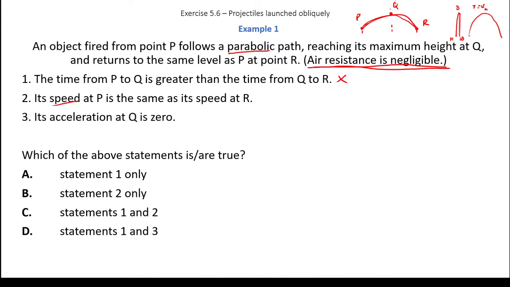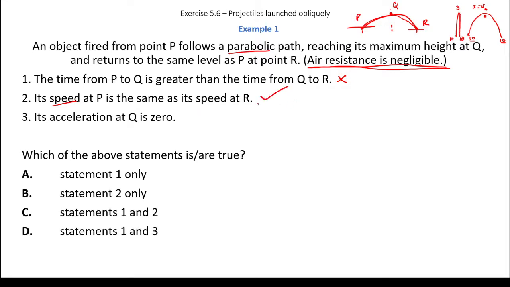The vertical component would still be 10 up to 0 and 10 for the vertical components, and the horizontal is constant. You add that in as a vector, so you could do some vector addition. What this is noting is when we discount air resistance, at the same height, the launch and finish, the velocity magnitude will be the same.